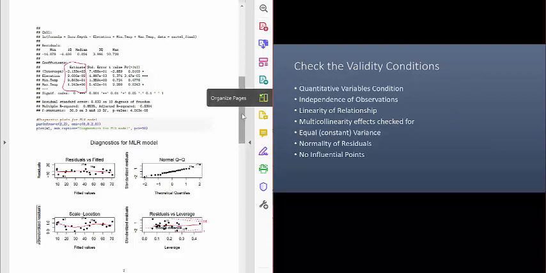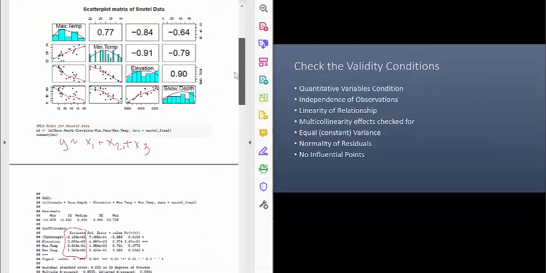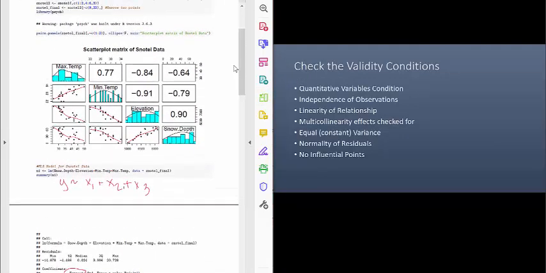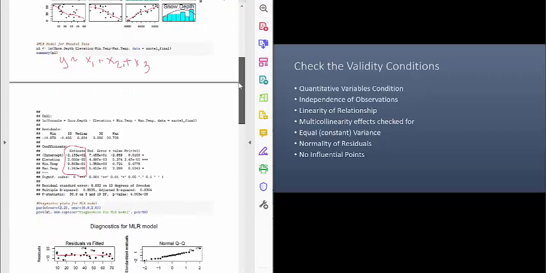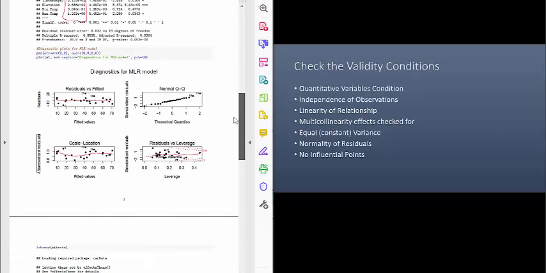To check for linearity of relationship, we'll first look at those scatter plots. Looking at each of these scatter plots, where we're looking at the predictor and the response snow depth, we can see that we don't have much evidence against linearity. They don't show any clear nonlinearity. Next, we can look at the diagnostic plots for the multiple linear regression model.